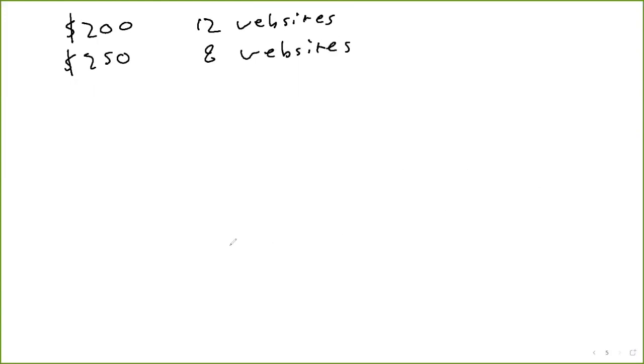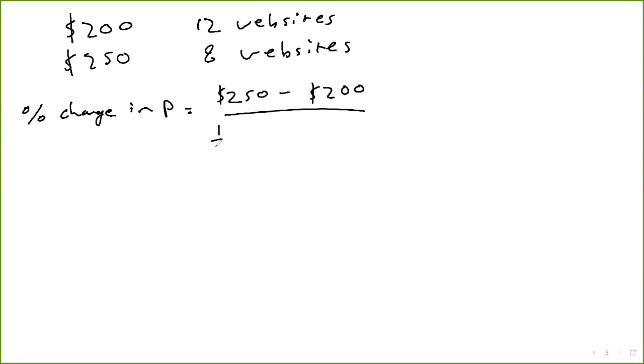So first, let's calculate our percentage change in price, which is going to be the end value, which is 250, minus the starting value, 200, all over 1/2 times the sum of these two, times 100.